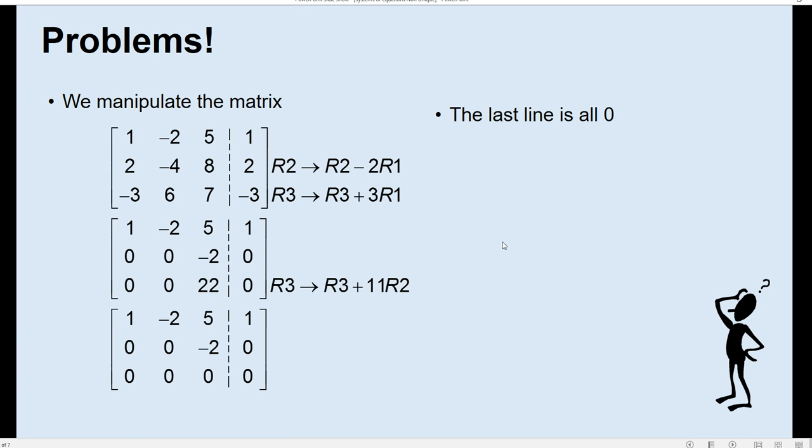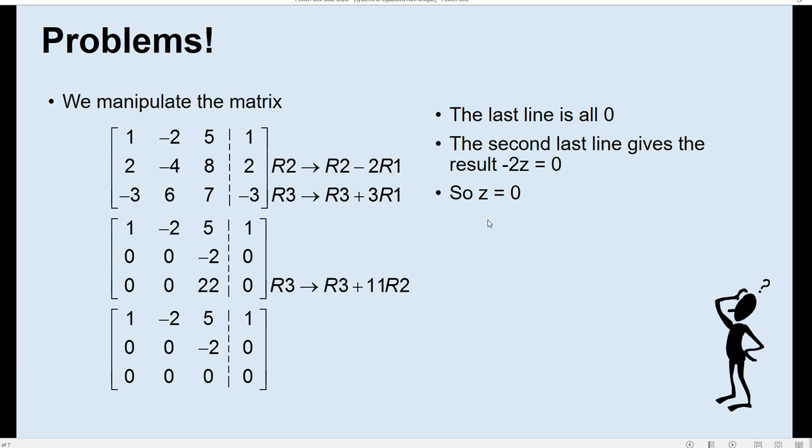That makes perfect sense. But our second line, we've basically got 0x plus 0y equals minus 2z, or plus minus 2z, equals 0. In other words, in this case, z equals 0. But what about x and y? Well, what we do is we actually set up a parameter, if you like, another variable that we use to link x and y.